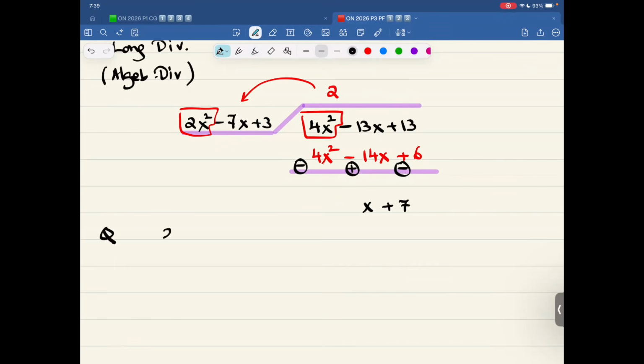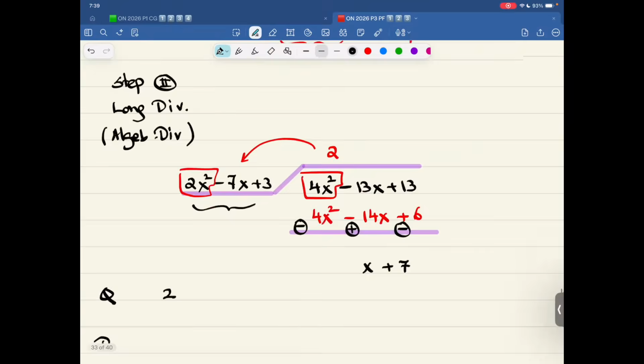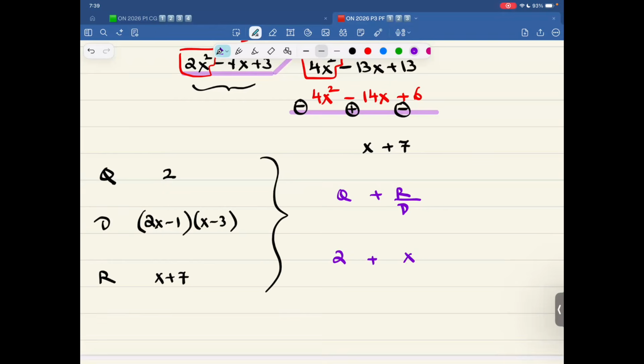The quotient is 2. The divisor is the factorized form 2x minus 1, x minus 3. The remainder is x plus 7. So I should write this as quotient plus remainder over divisor. Quotient is 2, remainder is x plus 7, divisor is 2x minus 1 into x minus 3.